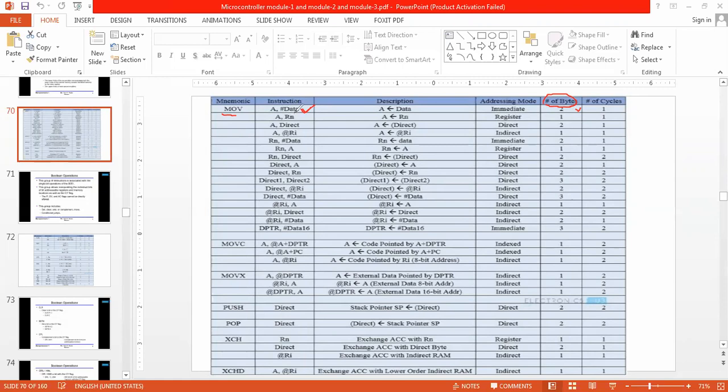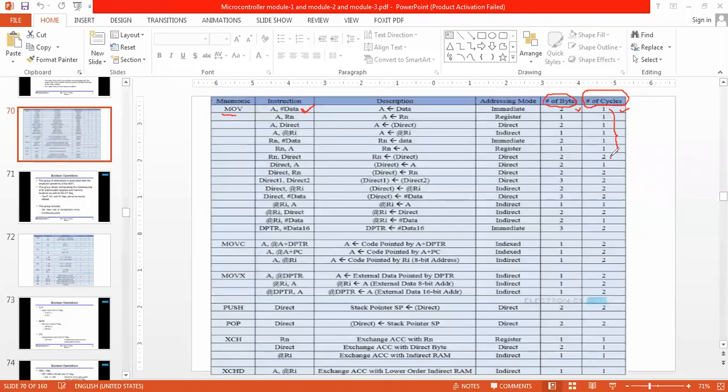Data is any 8-bit value, hexadecimal or decimal. But how many cycles does it utilize? To do the work, it consumes only one machine cycle. So almost all data movement instructions use one machine cycle.